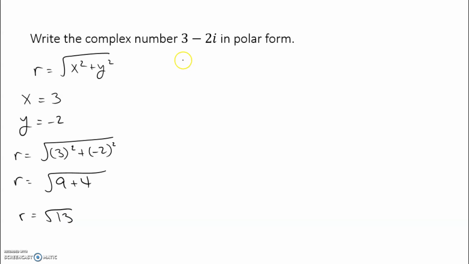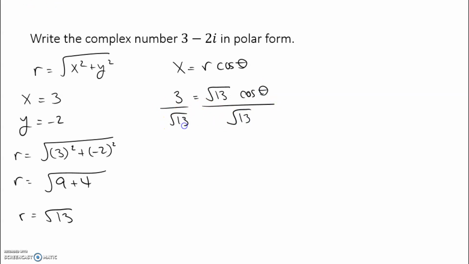Then we need to find our theta, or the argument. We can use x is equal to r cosine theta. So x is 3. We just found r to be the square root of 13, times cosine theta. Divide both sides by that square root of 13. Okay, so cosine of theta is equal to 3 over the square root of 13.